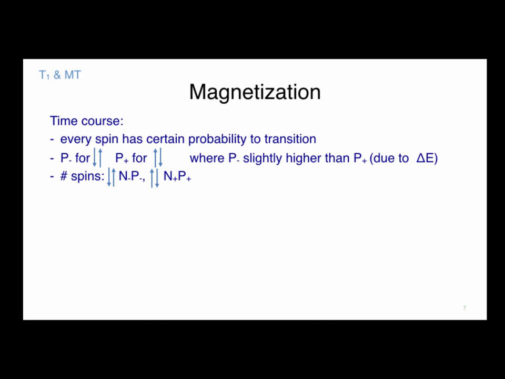Then we take two more variables, n minus and n plus, to indicate the number of spins in each level. We can calculate the magnetization of the sample as the difference between these numbers. And the change in magnetization is then the number of spins in each energy level times the probability that they cross over to the other level.